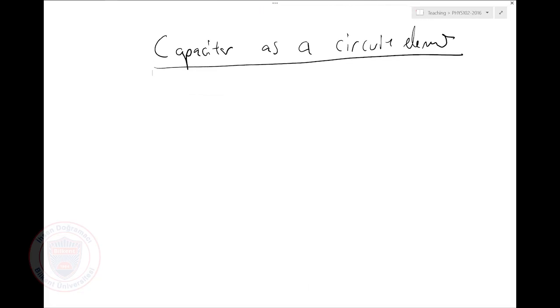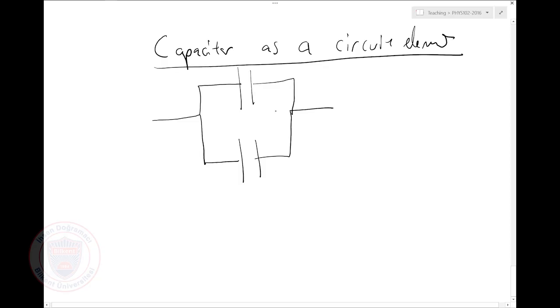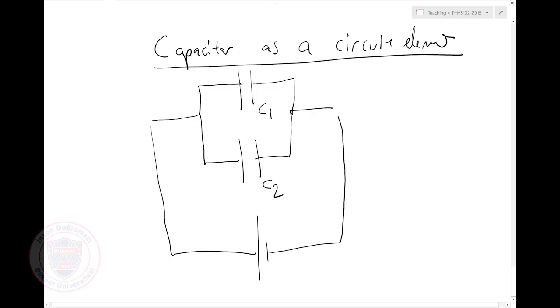What happens if I take two capacitors, C1 and C2, and connect them to a battery of V volts?